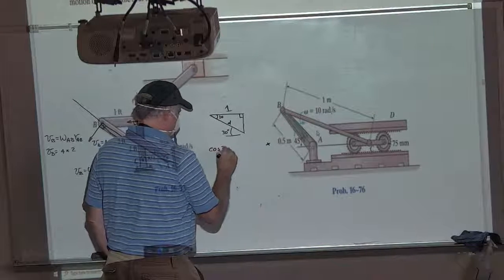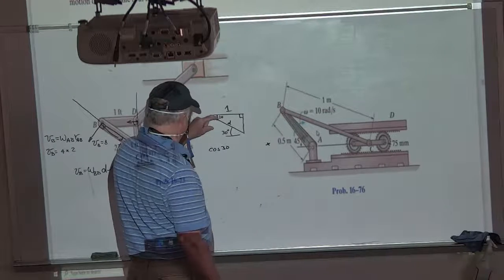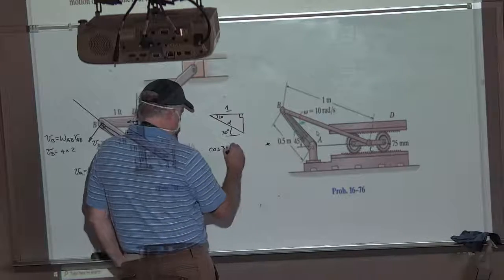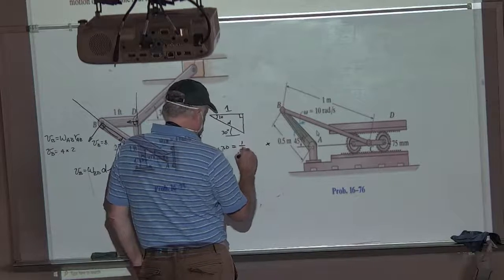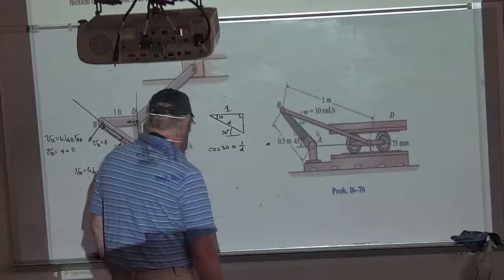So cosine of 30, which is what that angle is, is 1 over D. I wish it was sine, I wish it was 60, but it's not.